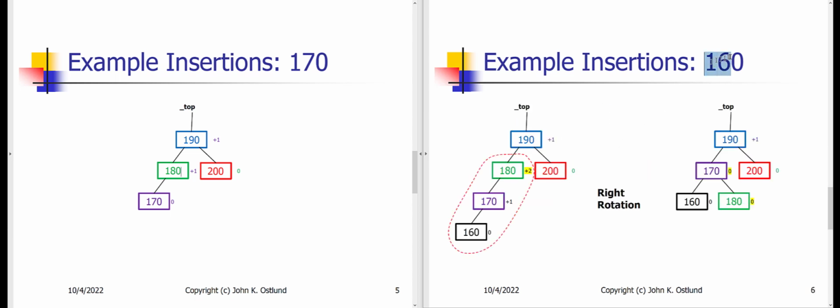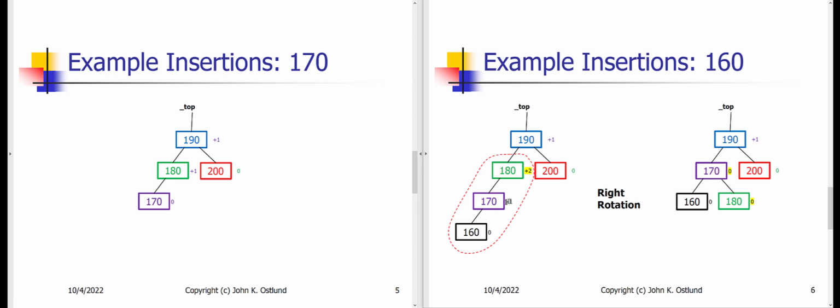Now we're going to insert 160. Well, 160 is left of 190, left of 180, left of 170. And so the 160 is added down here. Its balance factor is 0. It has no children. And now we traverse up the ancestor chain.